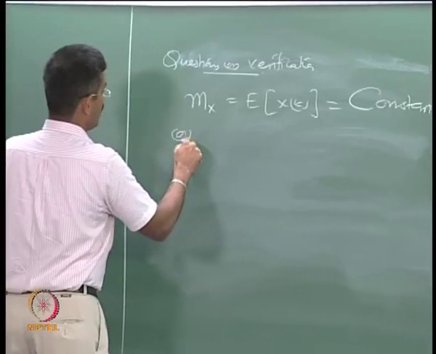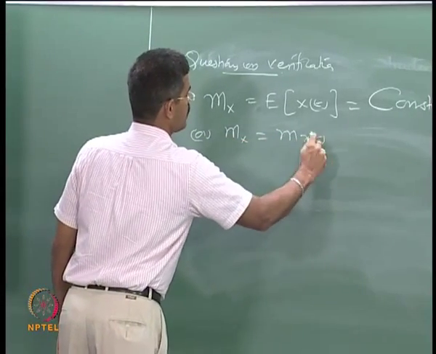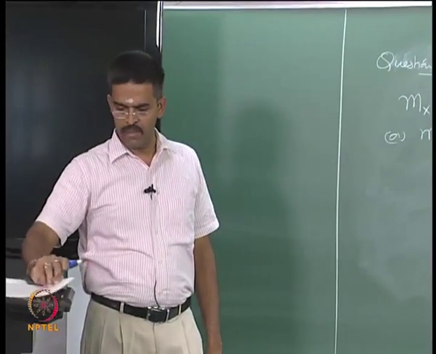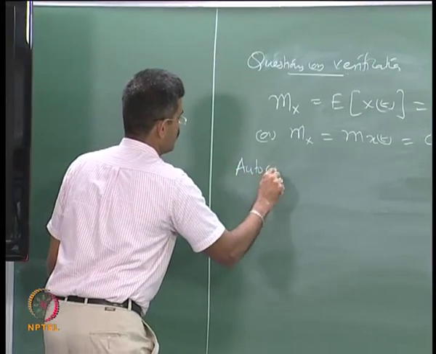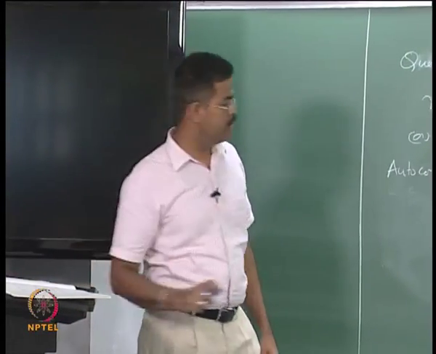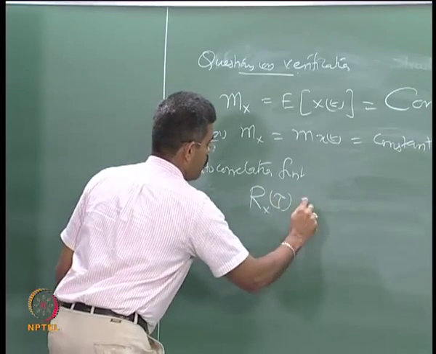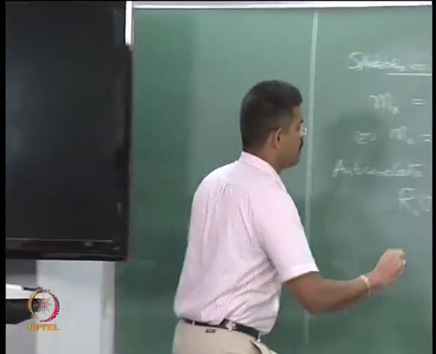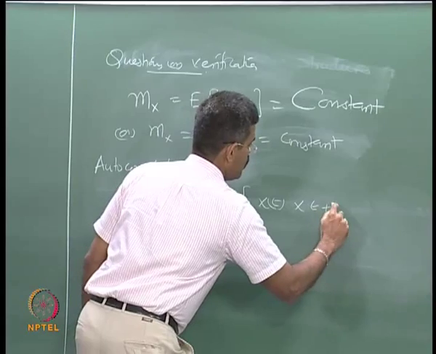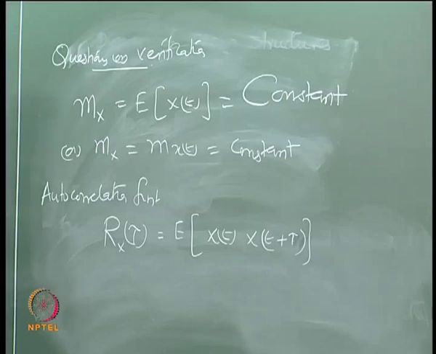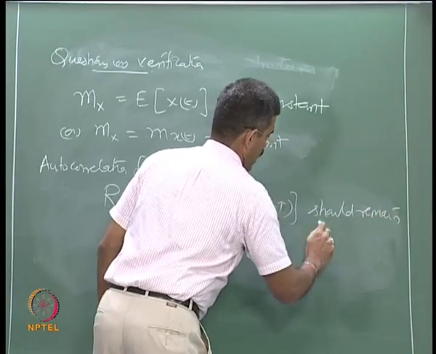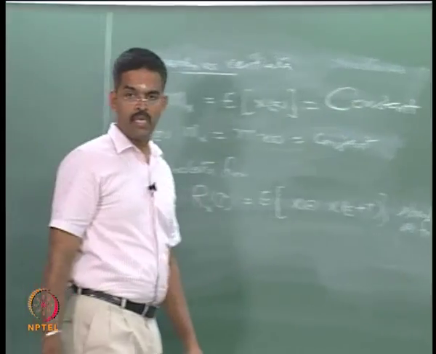To be more elaborate, mx of t is constant, that is, time invariant, and the autocorrelation function, which is expressed as Rx of tau and given by the expected value of x of t times x of t plus tau, should remain a function of tau only, not t.